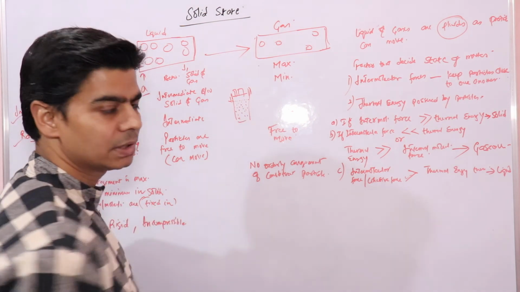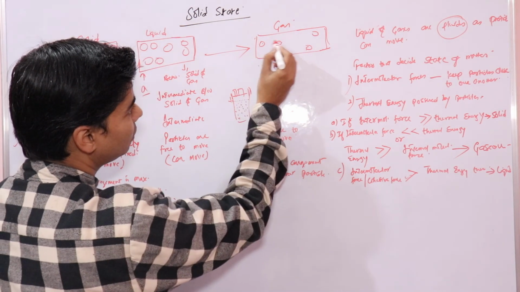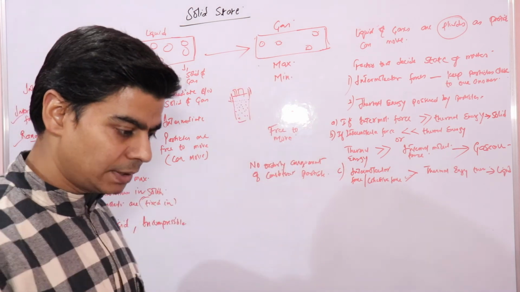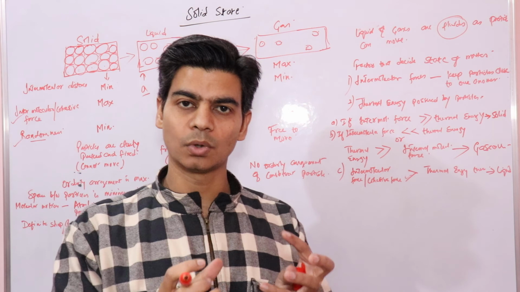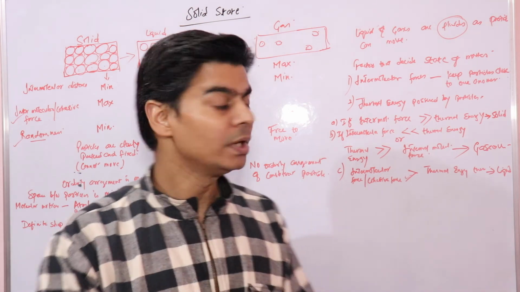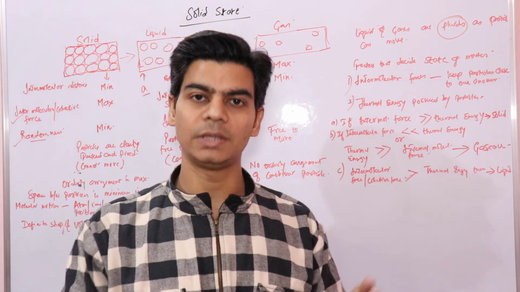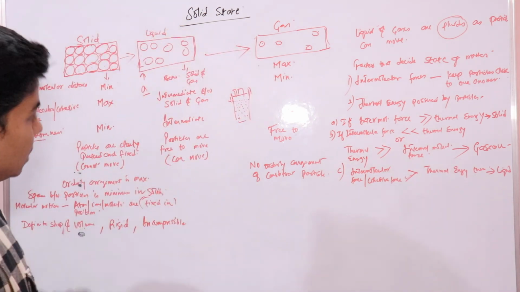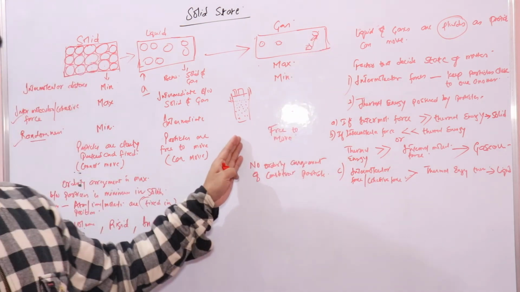Why can they come close? Because the intermolecular distance is maximum. There is space between the particles, so gases can be compressed.